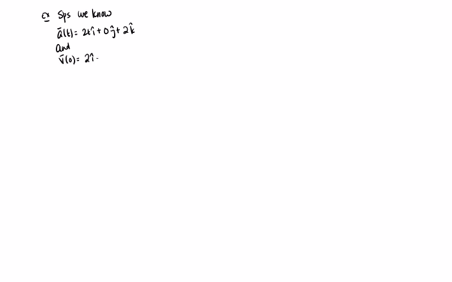Maybe that's 2i plus 1j plus 3k. And then suppose you also know the position, but only at an instant, like maybe at 1. Say 10i plus 10j plus 0k. So what we're going to do is find the position always.